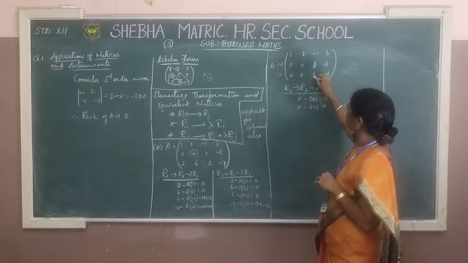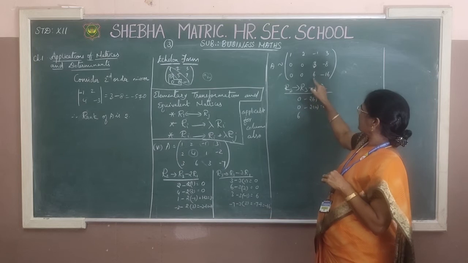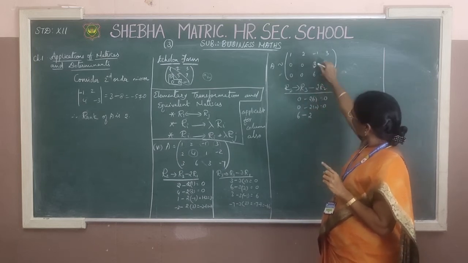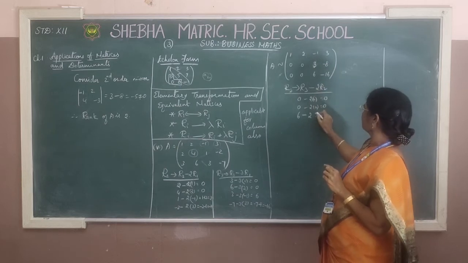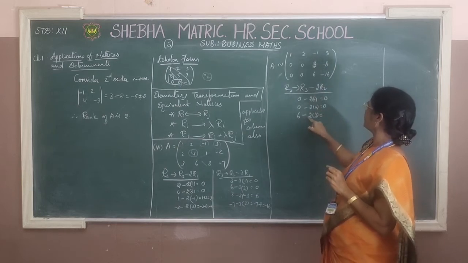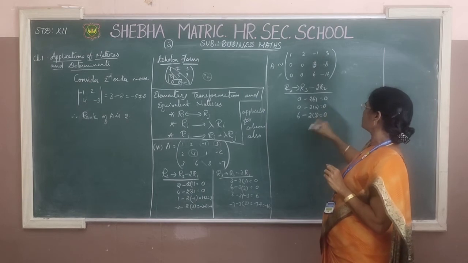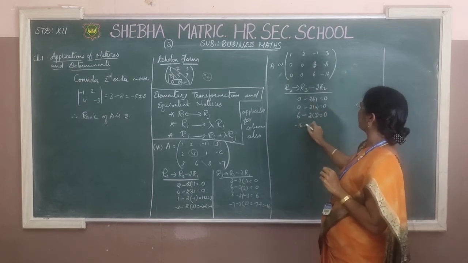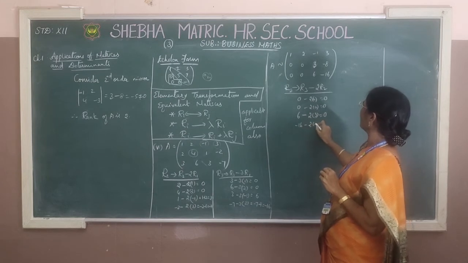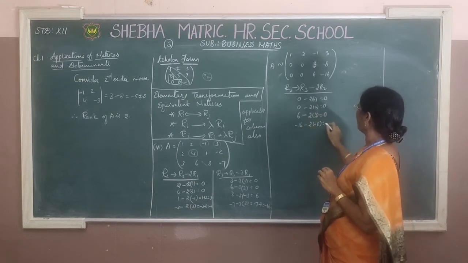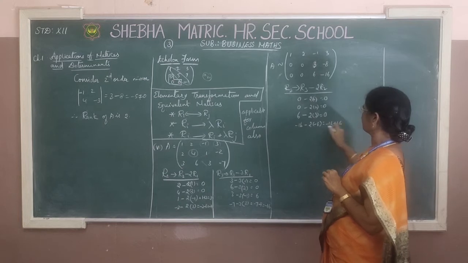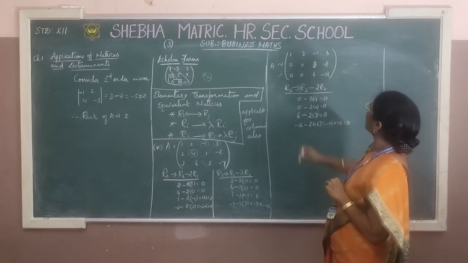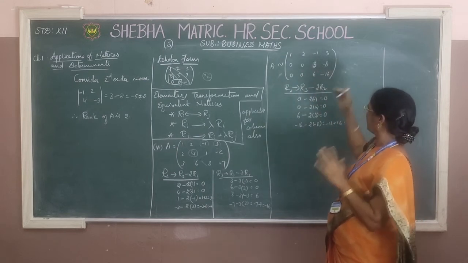Next, listen to this one. The R3 element 6 minus 2 times the R2 element 3, which is equal to what? 6 minus 6, again we get 0. Next, this element, minus 16 minus 2 into minus 8. What do we get? Minus 16 plus 16, isn't it? Minus into minus is plus, which is equal to 0. So all the elements in the third row become 0.